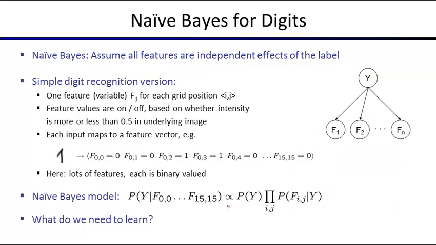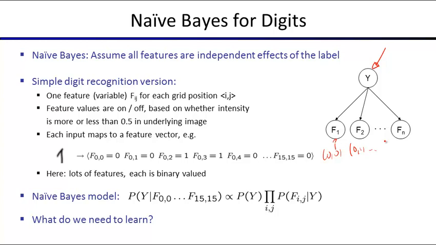Here's one example. Let's say you build one for digits, and in a very naive model, you could say, well, once I fix the label, 0, 1 through 9, that's the class, then all the other things that I'm going to look at, namely all the pixel values, F1 is the 0,0 coordinate, F2 is maybe the 0,1 coordinate, and so forth, they're all going to be independent of each other once I know the label.